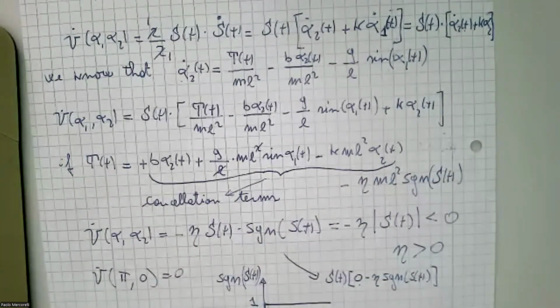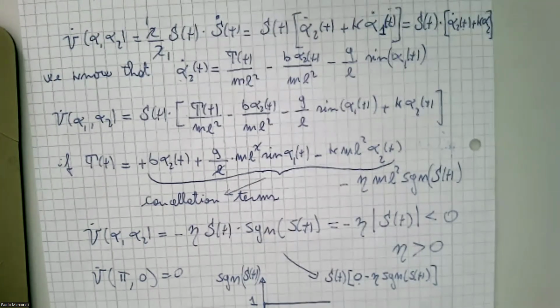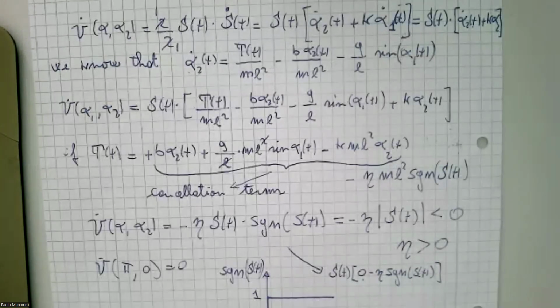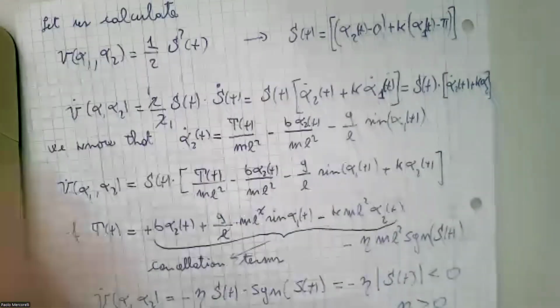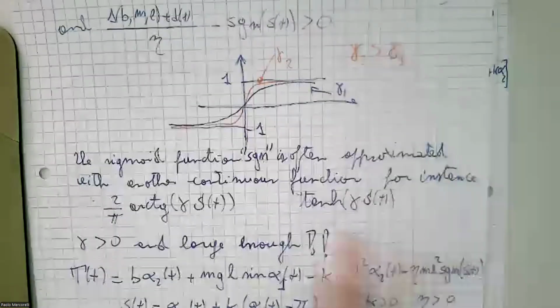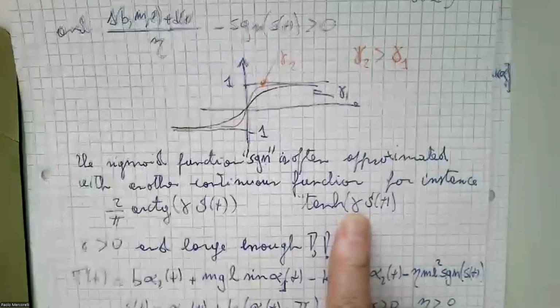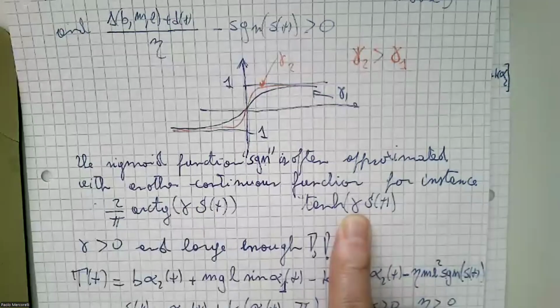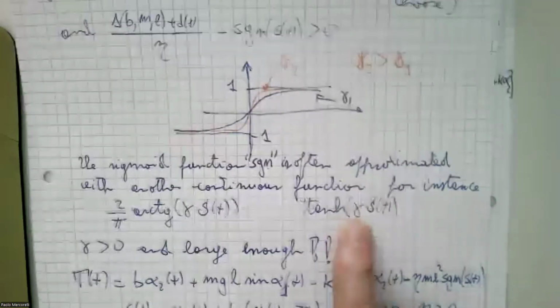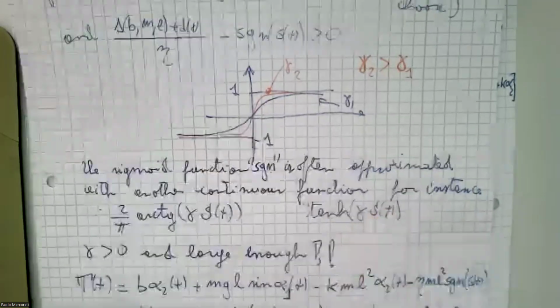No? Excuse me if I forgot, what was gamma, it was eta. Gamma is the argument of hyperbolic tangent, which is before the hyperbolic tangent, because it's the argument of hyperbolic tangent. Multiply S. Let me show you.